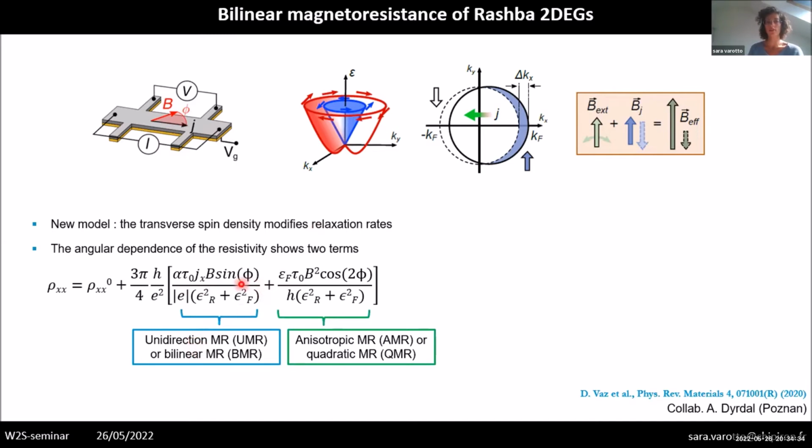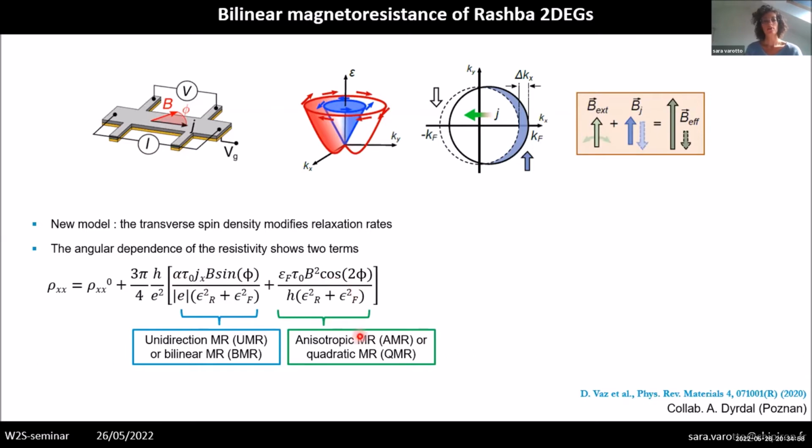And that depends as a sine of phi, so the angle of the magnetic field with respect to the current. So it means that it changes sign when we are at 90 degrees or 270 degrees, so parallel or anti-parallel to the spin. And it's bilinear because it's proportional to the magnetic field and the charge current that we apply. And most importantly, it's proportional to the alpha that we want to extract.